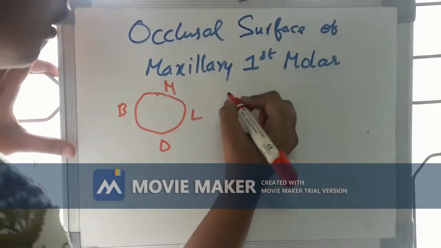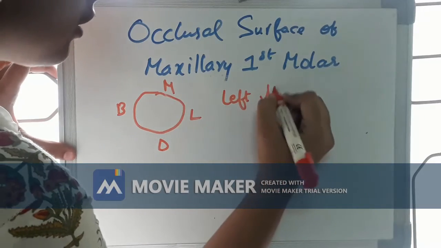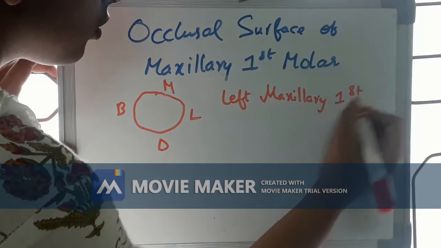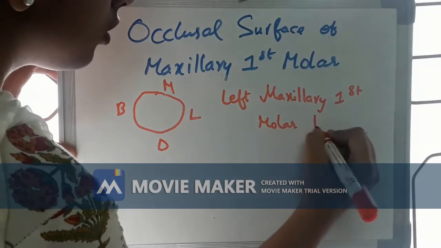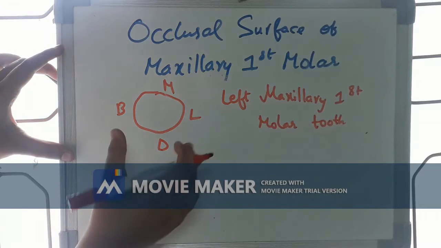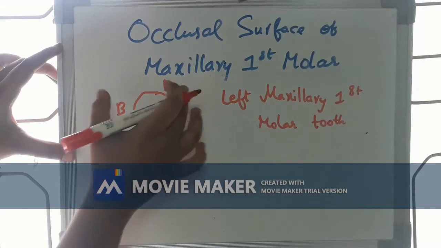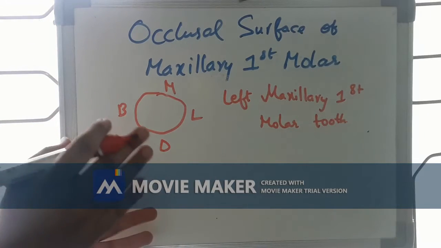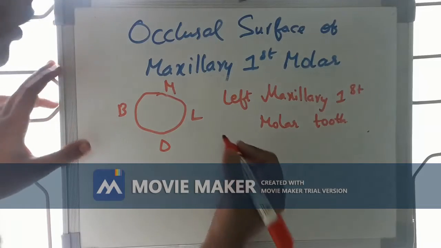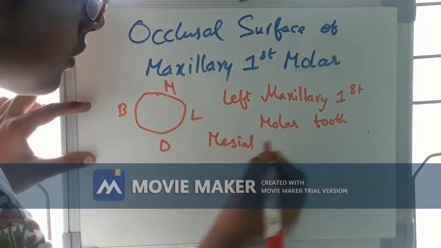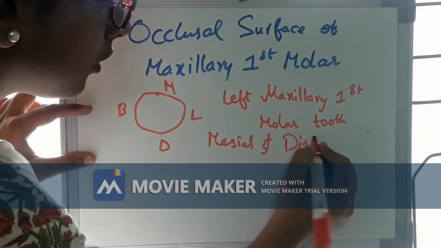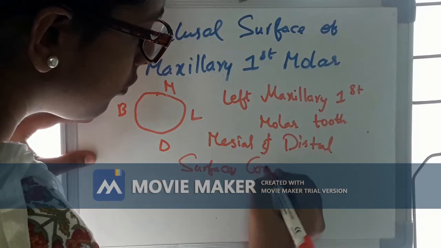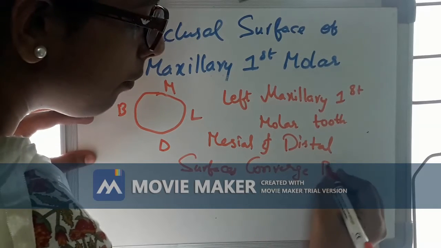Imagining this is the left maxillary first molar tooth, the buccolingual dimension is greater than the mesiodistal dimension. And the peculiarity of the maxillary first molar is that the proximal surfaces, that is the mesial and distal surfaces, converge buccally.